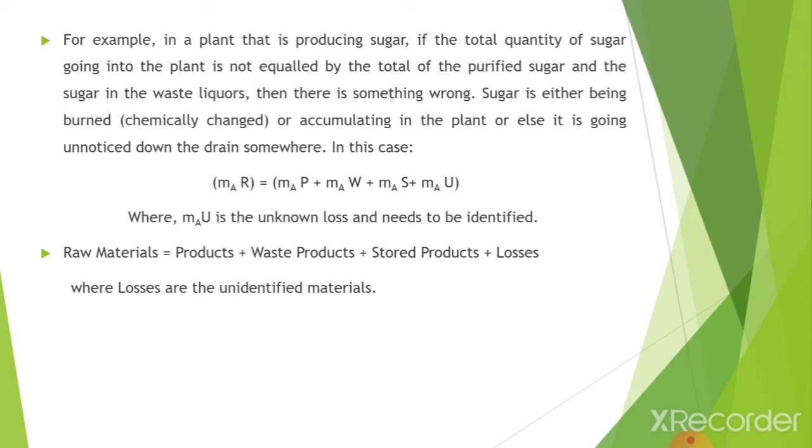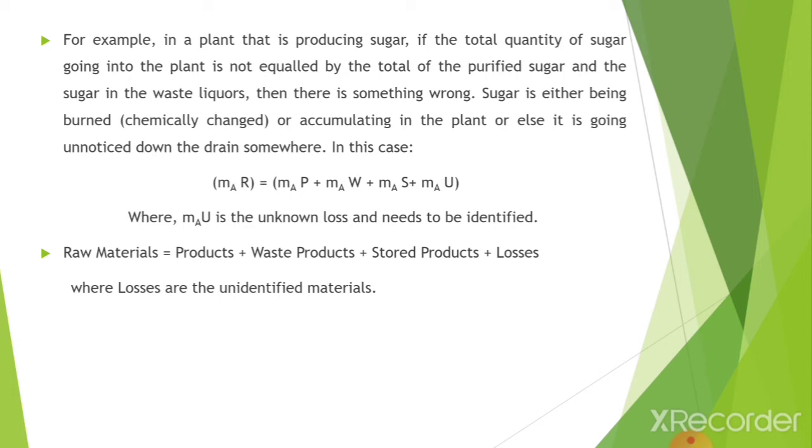For example, this component balance can also be shown by the example of a sugar plant. In a plant that is producing sugar, if the total quantity of sugar going into the plant is not equal to the total of the purified sugar and the sugar in the waste liquor, it means there is something wrong.